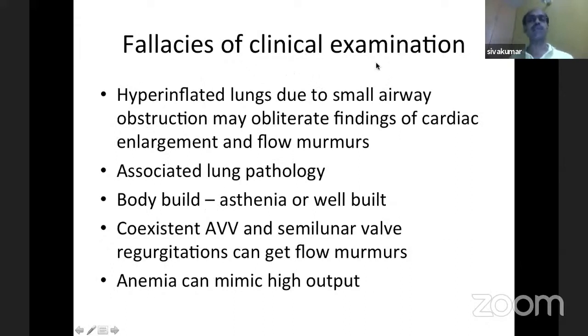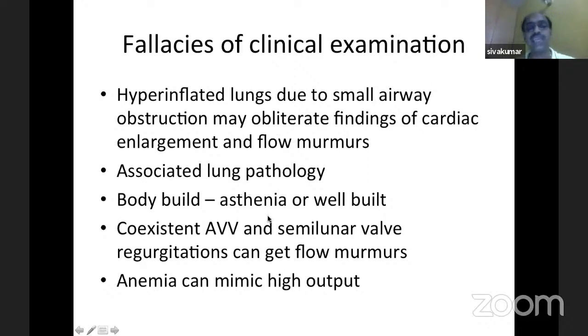Fallacies of clinical examination. If you are having a child who is having a small airway disease with hyperinflated lungs, the apex may not be shifted down and out, and you may not be able to hear the flow murmurs. If there is a significant associated lung pathology, your clinical examination may be altered. For example, significant dextroposition caused by a lung pathology.